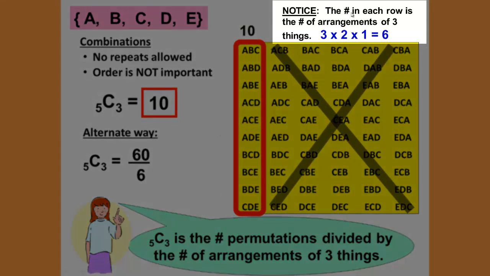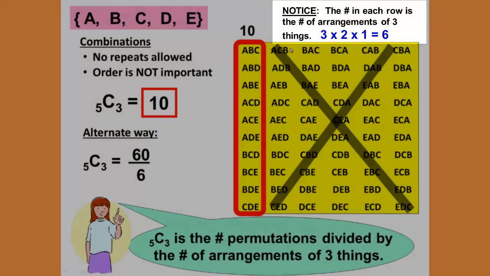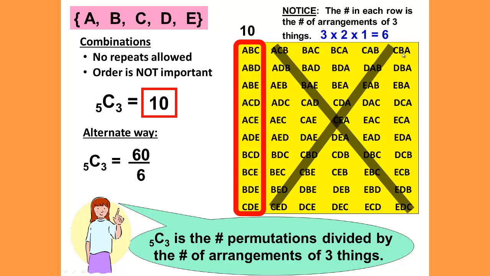Notice that the number in each row is the number of arrangements of 3. If we have 3 things, how many ways are there to arrange them? It would be the number of ways to pick the first item, which would be 3, times the number of ways to pick the second item, which would be 2, times the number of ways to pick the last item, which would be 1. 3 times 2 times 1 would be 6. Or in this case, you can see the illustration that it's just 6 across. So that would be 6, so we have 60 divided by 6.